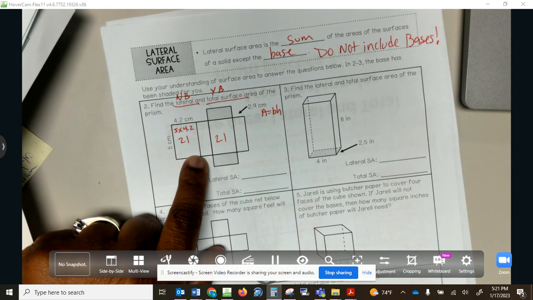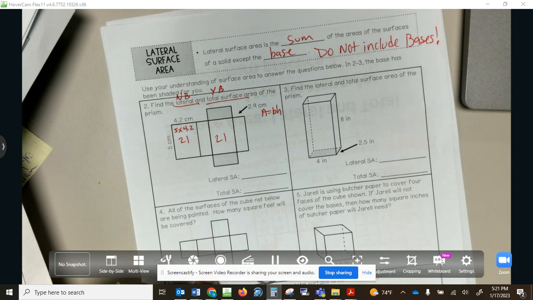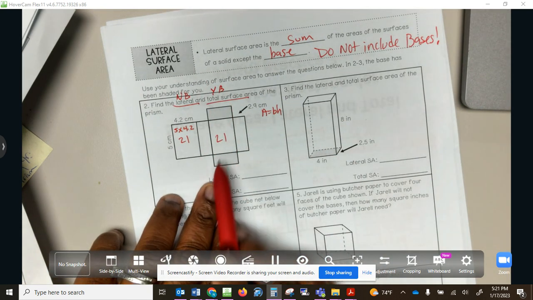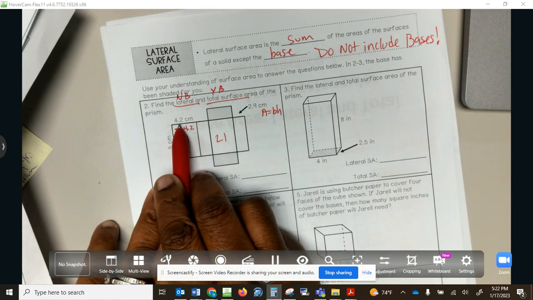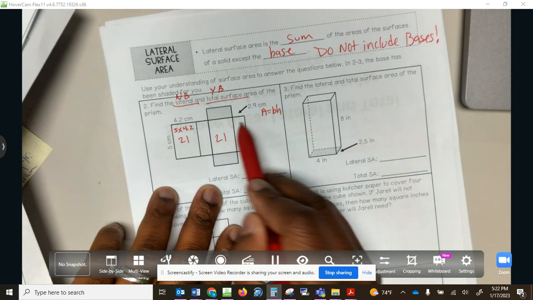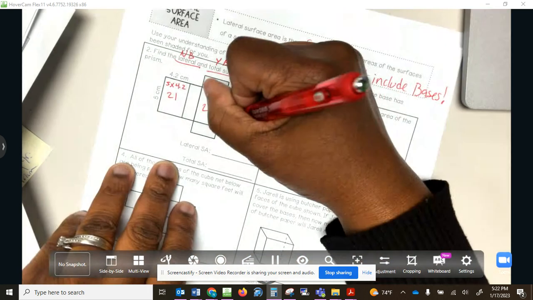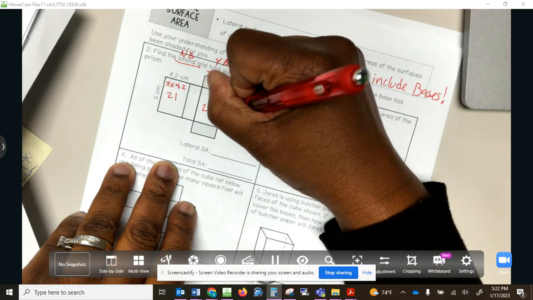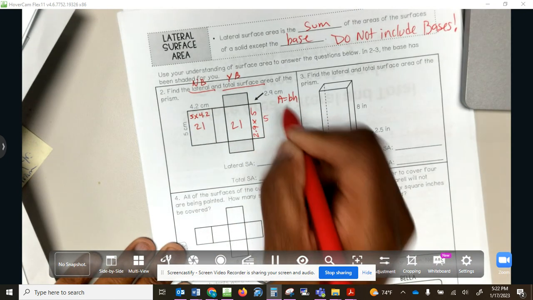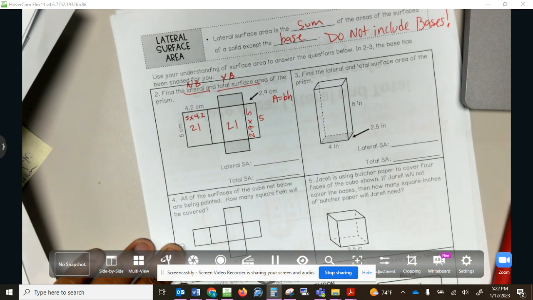Now I need to find it for the small one. So for this bigger one, I know that if this is 4.2, right here is also 4.2, right? This small one is 2.9. So here I'm going to say 2.9 times 5 because this 5 carries over all the way through. Think about it.